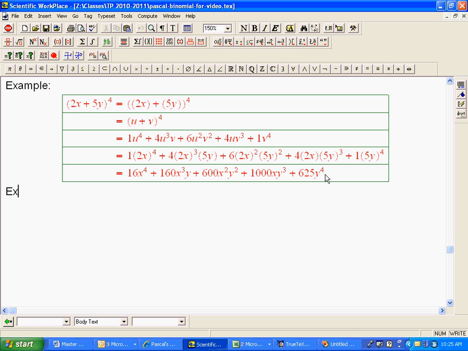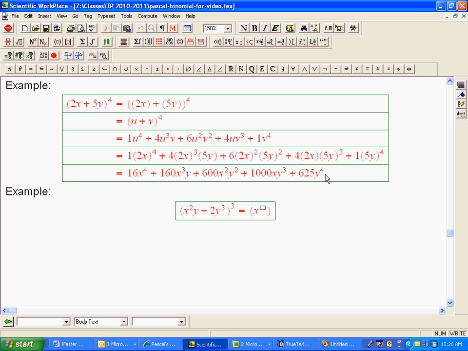Another example of how that gets even more weird looking would be if you had (x squared y plus 2y cubed) all cubed. Then we can do the same thing. Let me do it without the u and v this time.